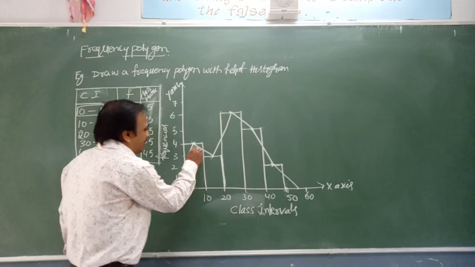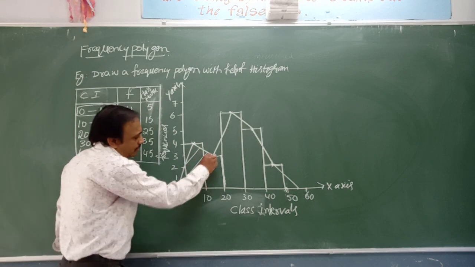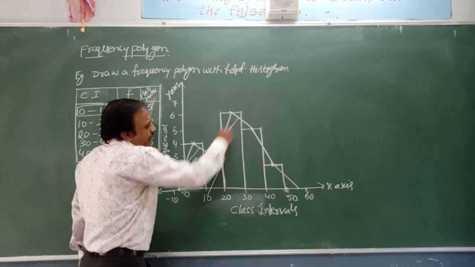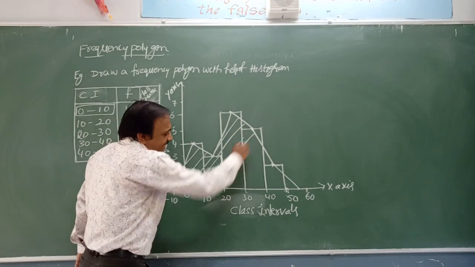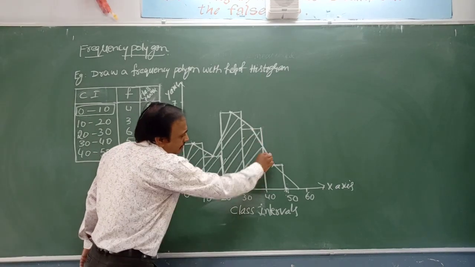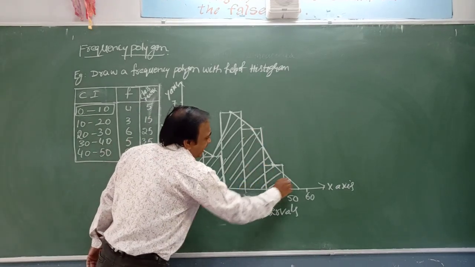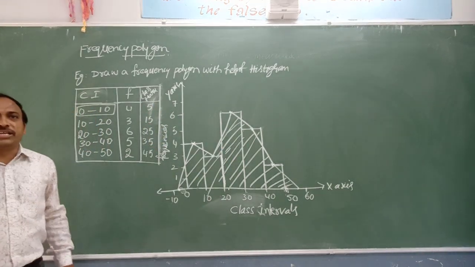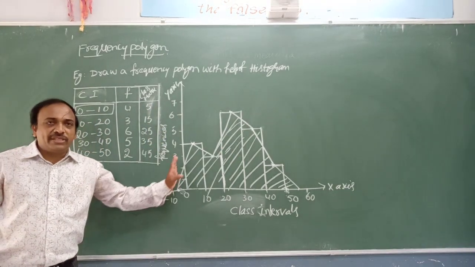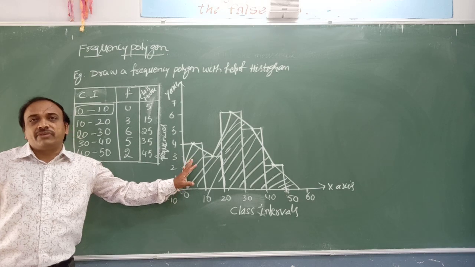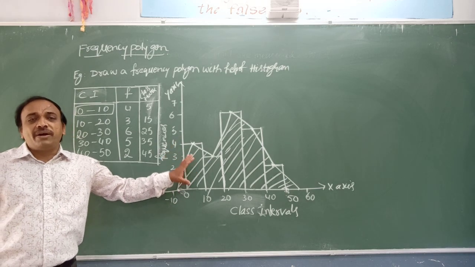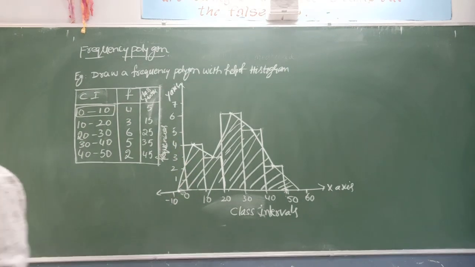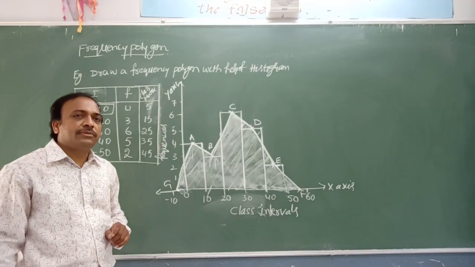Frequency polygon. You see this? This is the frequency polygon, which is the shaded part. I think you understood how to construct a frequency polygon with the help of a histogram.